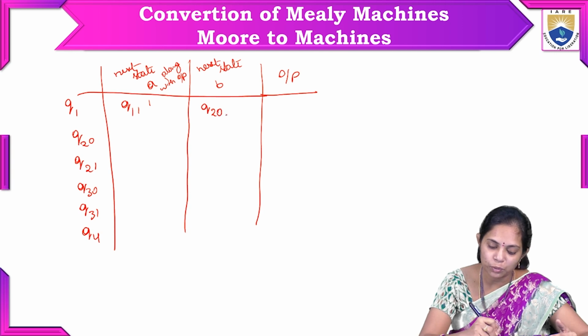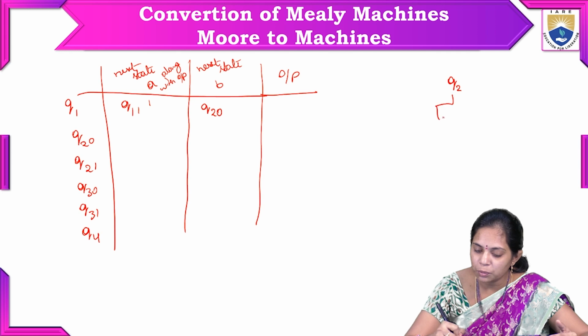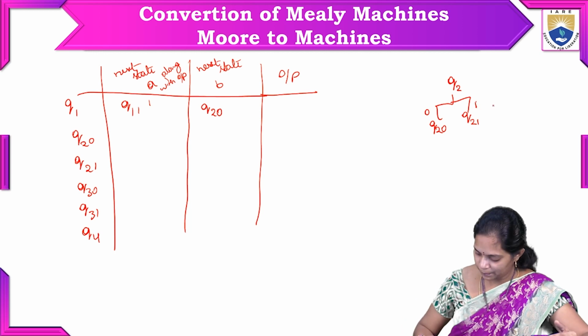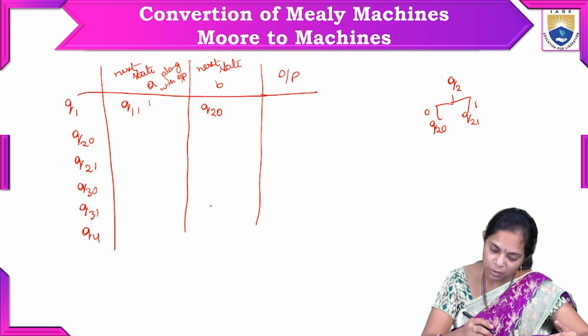Why do we have to move to Q2 0? We have divided Q2 into two outputs: when we are getting 0 as an output, it will go to Q2 0, and it will go to Q2 1 when we are getting the output 1. We already know that Q2 is having the output 0, so it is moving to Q2 0 with the output 0.